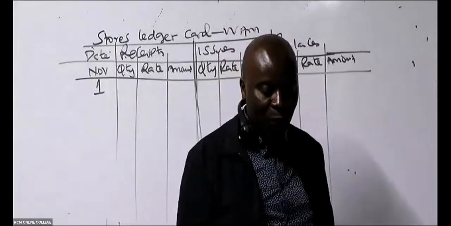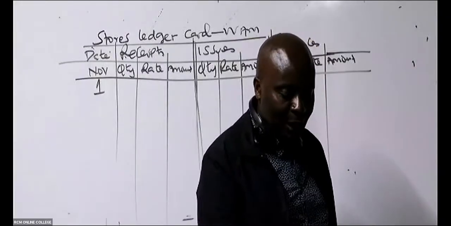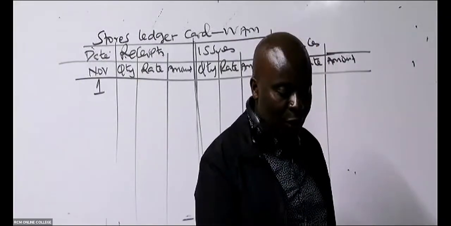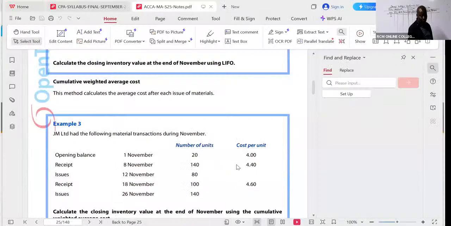So for that JM question, if you are watching this online and perhaps you had not written this question, you can just take a screenshot of this. On the 1st of November, we can see that we had how many units? There were 20 on the balance side at 4, giving us 80. So is that okay?